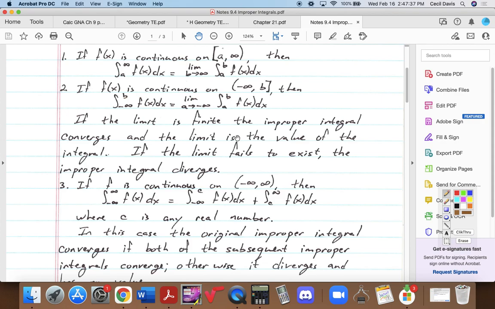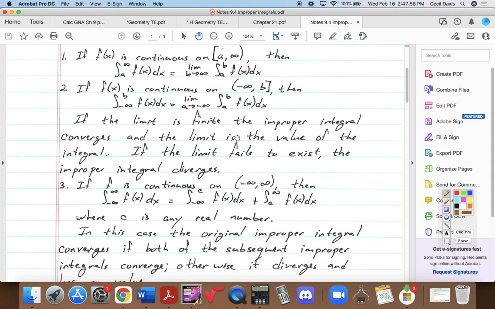If the limit fails to exist for whatever reason, either it oscillates or it becomes infinitely large in some way or another, we say that the improper integral diverges. So those are your choices. Either it converges and we can find that limit, or the integral diverges.